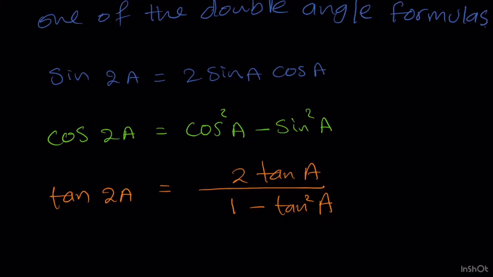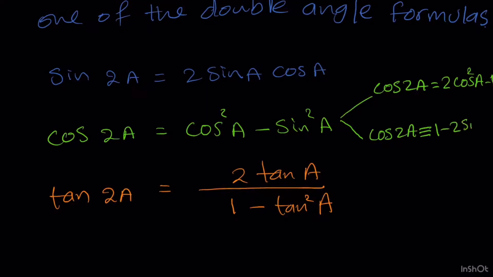So this can be another form: cosine 2a is 2 cosine squared a minus 1, and it can also be cosine 2a is 1 minus 2 sine squared a.